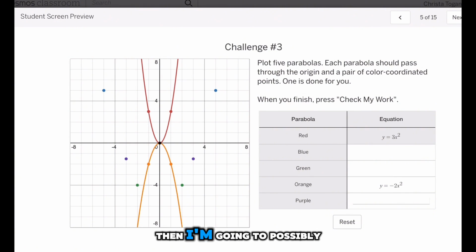Okay? And then I'm going to possibly give you some ways that you should write things down in a notebook on a daily basis. It's part of the reason why you may not remember things, because you're not writing. Okay? You need to make connections. That's what mathematics is all about. Problem solving, making connections, knowing how to answer questions properly, all of that.